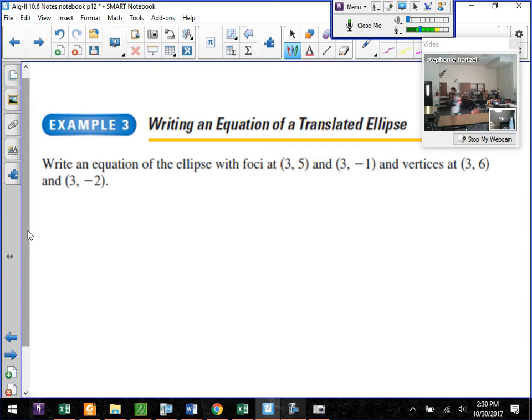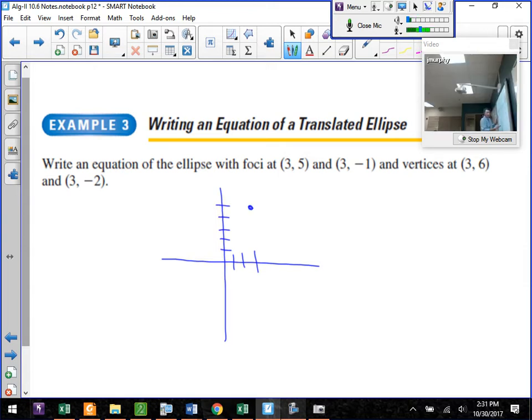So we start here. I have foci at (3, 5) and (3, negative 1). Right away, what direction does this tell me this has to open? It's got to open up and down, because they're above one another.